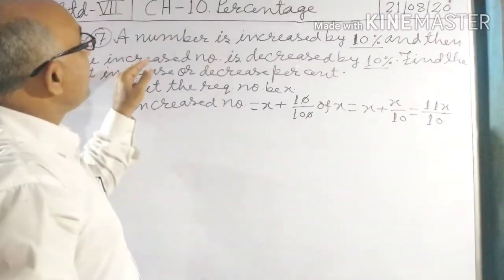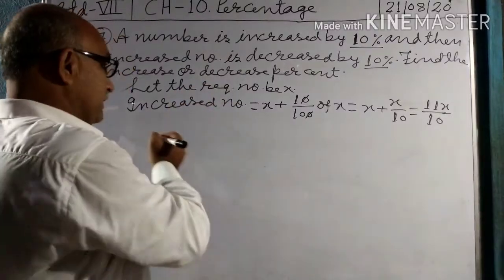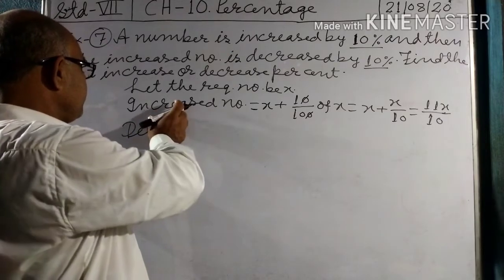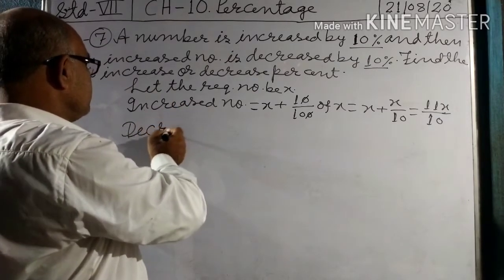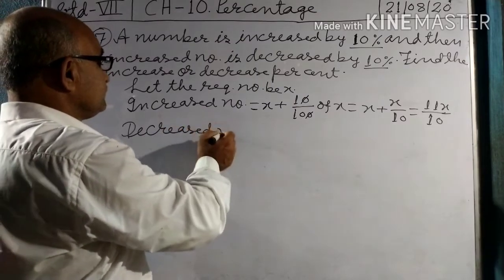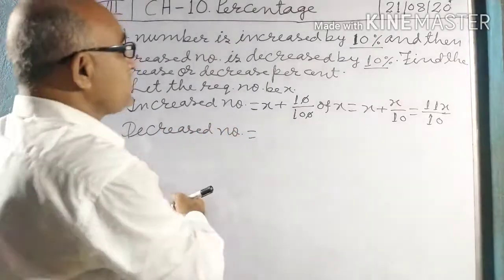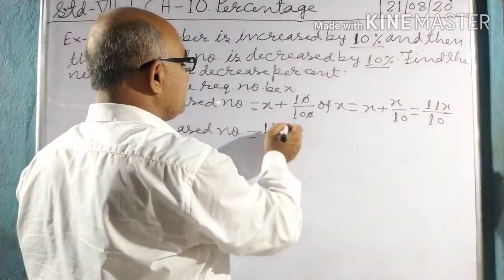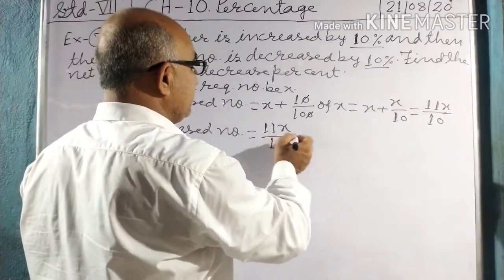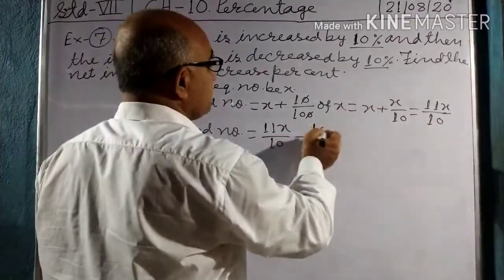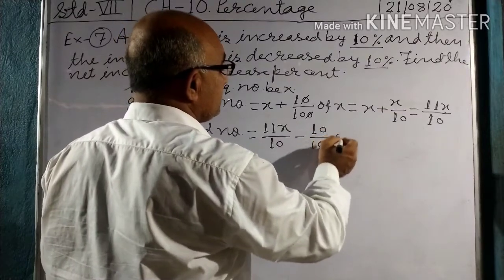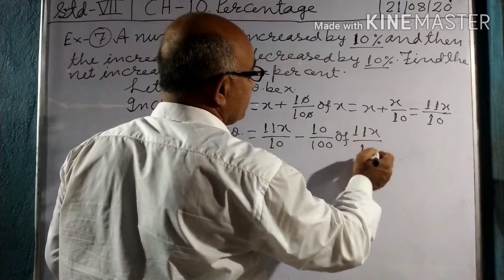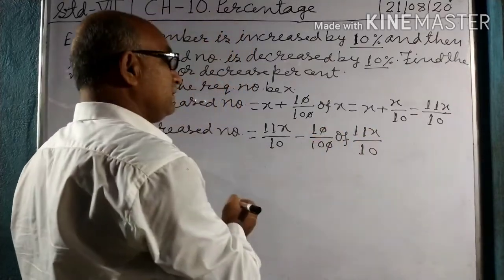Now the increased number is decreased by 10%. So decreased number equal to 11x by 10 minus 10 by 100 of 11x by 10. Zero, zero cancel.